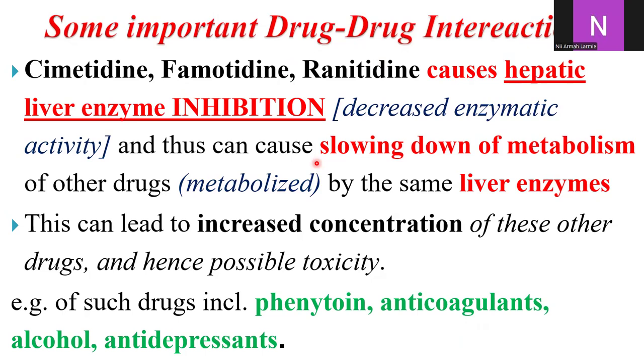But the presence of the cimetidine is going to inhibit that enzyme, and it will result in higher concentrations of your phenytoin, which, if not monitored, can result in side effects like seizures, etc.